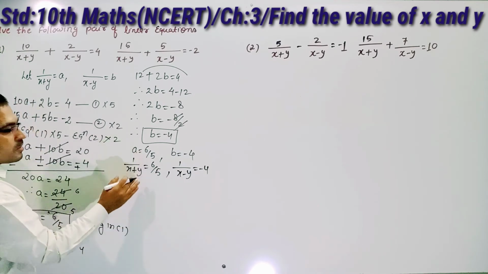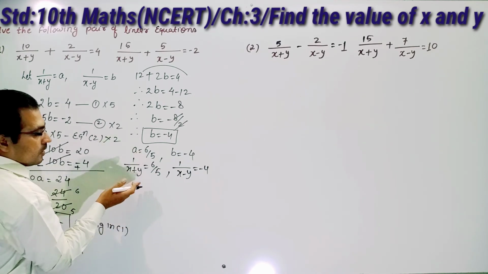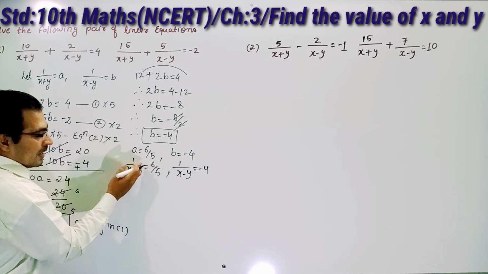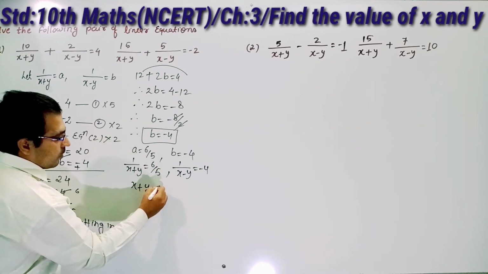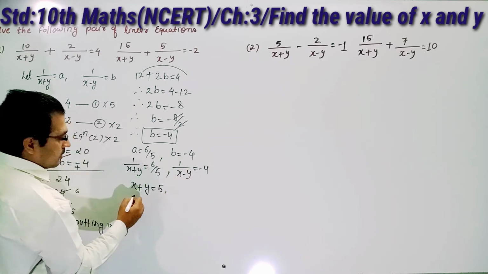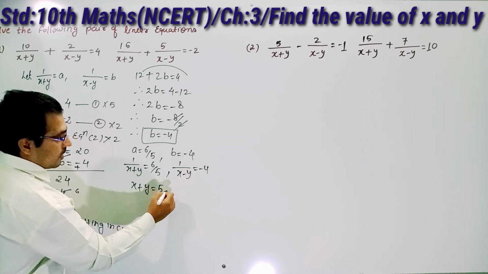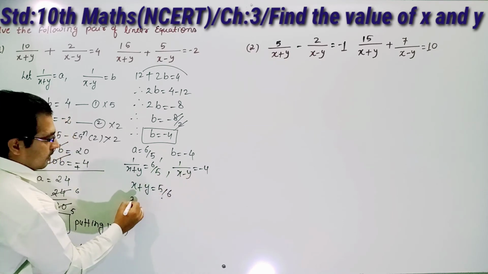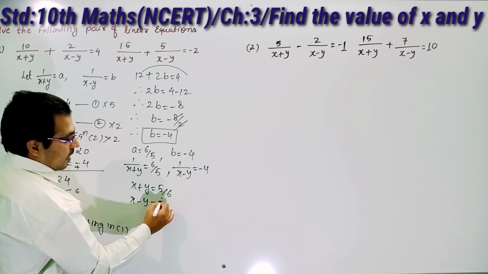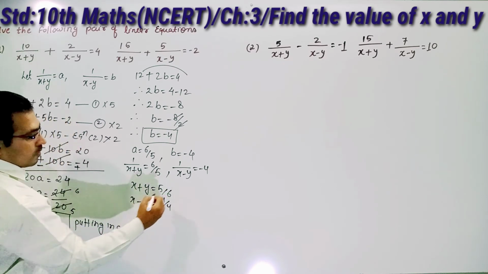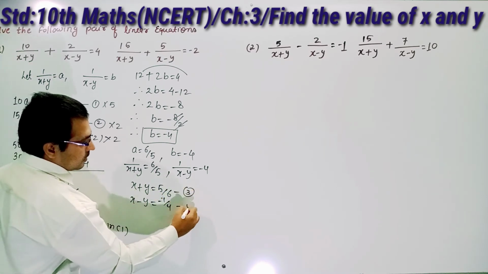So converting this equation, we can take the reciprocal on both sides. So x plus y will be 5 by 6, and here x minus y is equal to minus 1 by 4. Okay, this is 3 and this is 4.